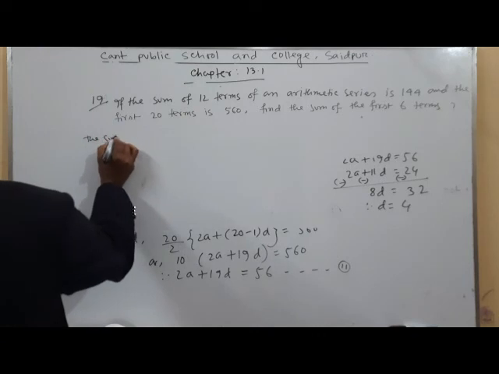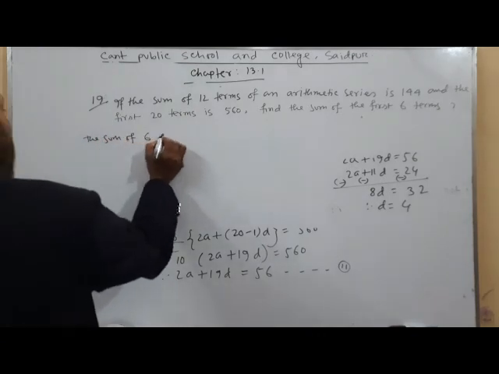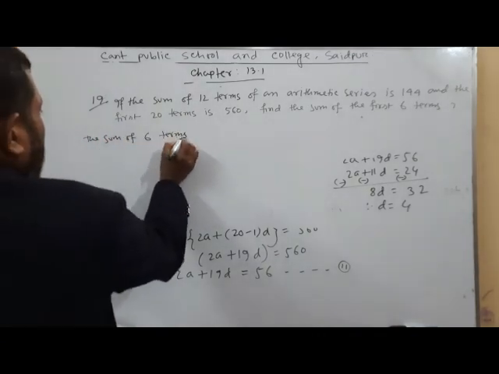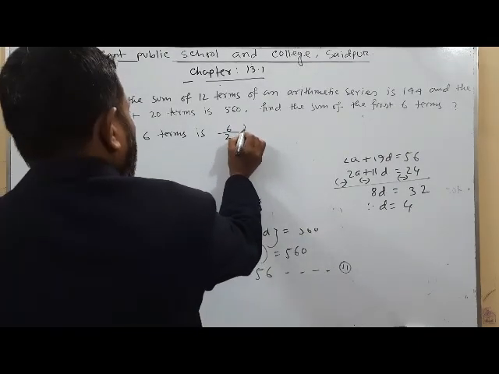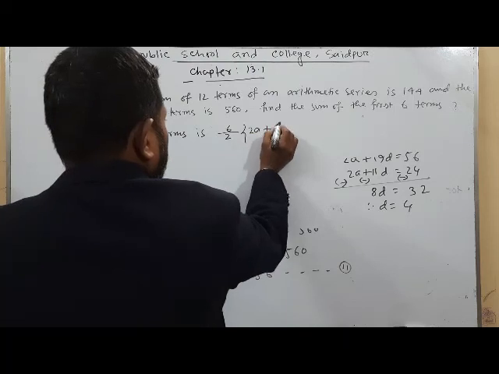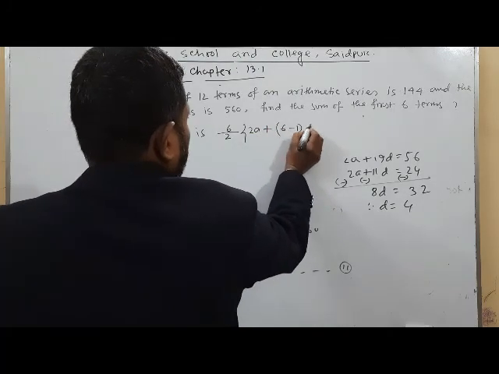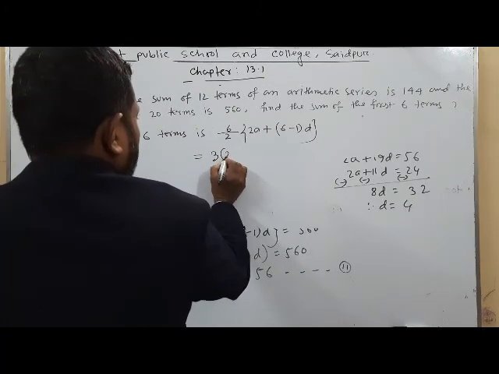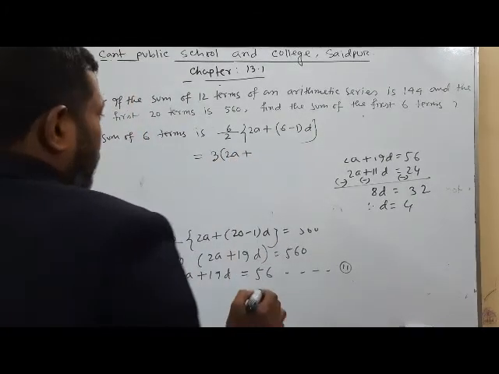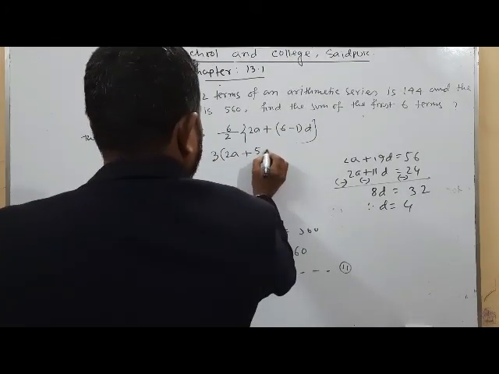The sum of 6 terms is 6 by 2 times (2A plus 6 minus 1 into D), or 3 times (2A plus 5D).